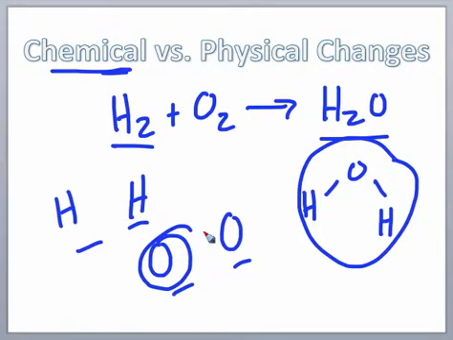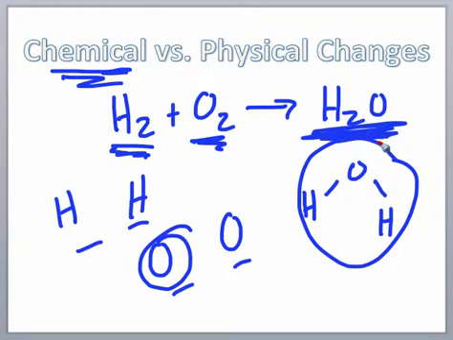So anyway, it's important to understand that what we are representing here in a chemical reaction is chemical changes. Bonds are being broken and bonds are being formed to produce something new in the chemical reaction. What's important to understand is that the properties of the new compound, in other words water, have nothing to do with the properties of the reactants.